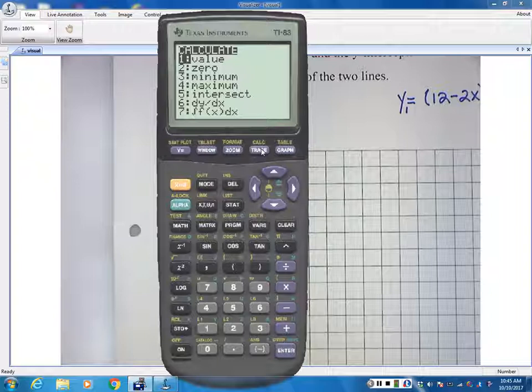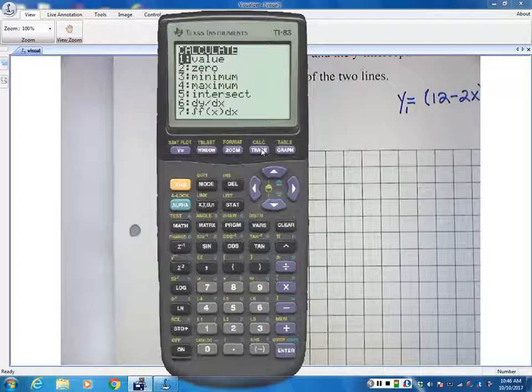It will calculate points for you that are on your graph. The first thing it says is value. Value says, if you tell me what an X value is, I'll show you where that is on the graph. That's what value does. If you tell me an X value, I'll show you where that X value is on the graph.